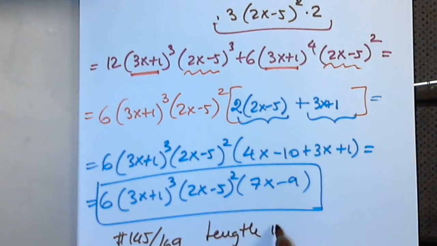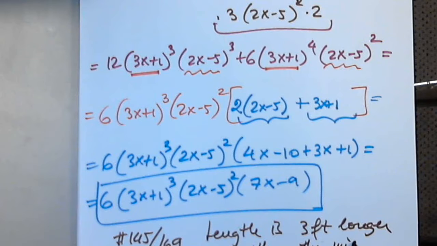Length is 3 feet longer than the width. The sign's area is 54 square feet. Area is 54 square feet. Find the length and the width.